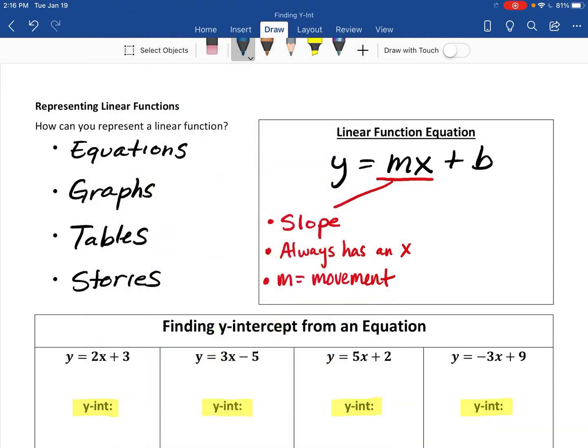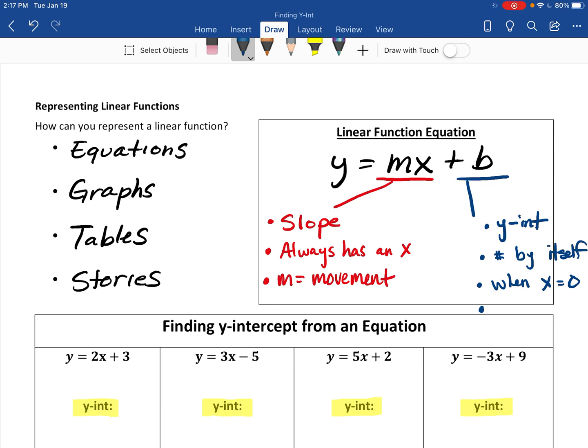And then for b, we have our b. And that's what we're going to be focused on today. B is the y-intercept or Y-Int. And that is going to be the number by itself. So it doesn't have an x. And it's going to be when x equals 0, we have our y-int or y-intercept.